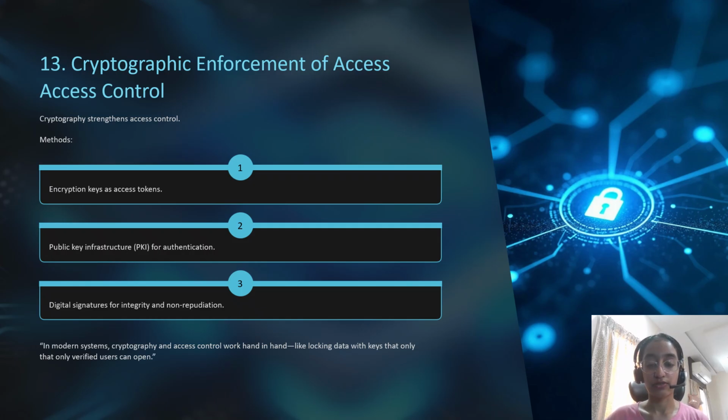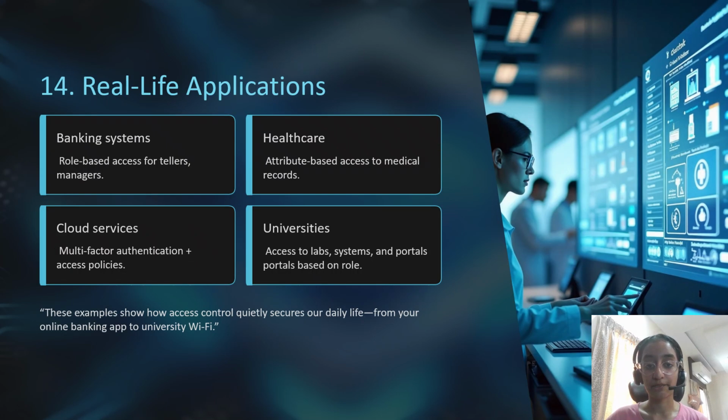And digital signatures ensure integrity, meaning data hasn't been tampered with, and non-repudiation, which means that the sender can't deny sending it. Together, cryptography and access control make systems far more secure against cyber threats.